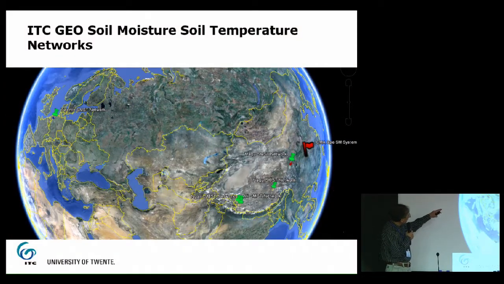Since 2006, we have been starting to establish so-called soil moisture, soil temperature networks. The idea is to have real in-situ calibration sites that we can always go to, with continuous data.